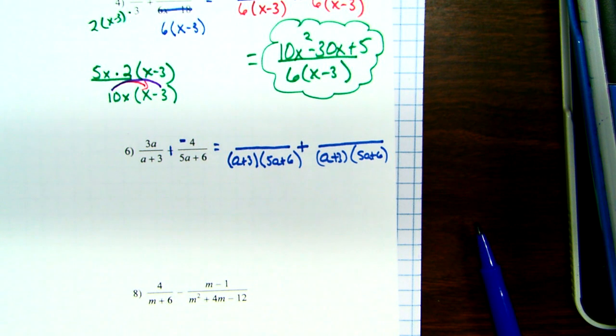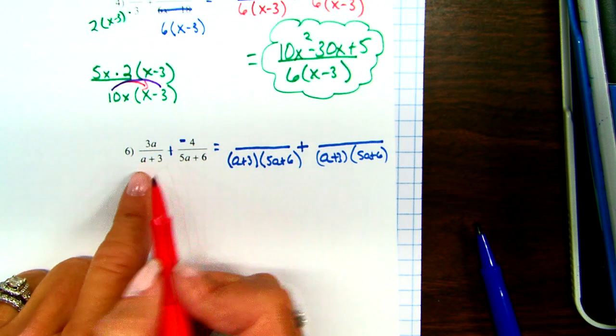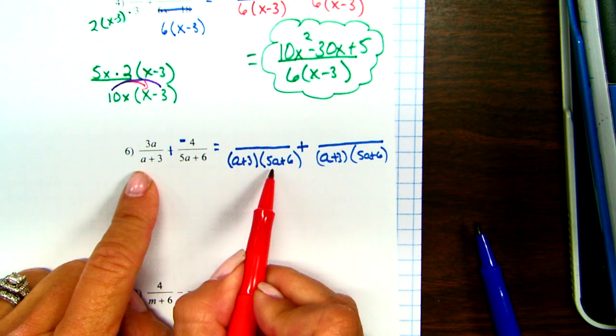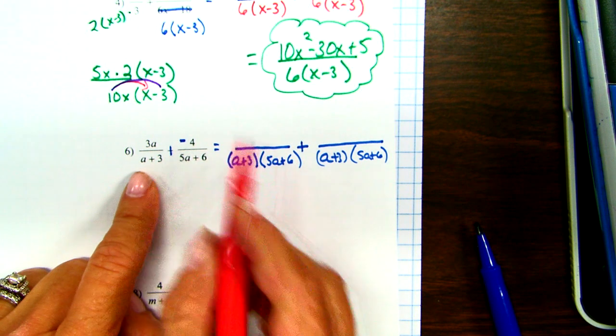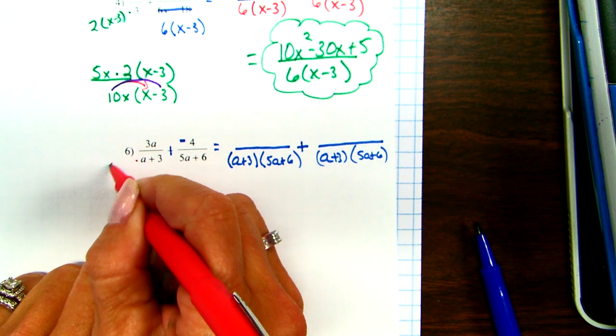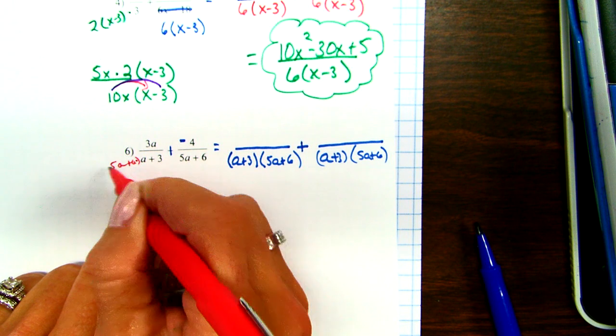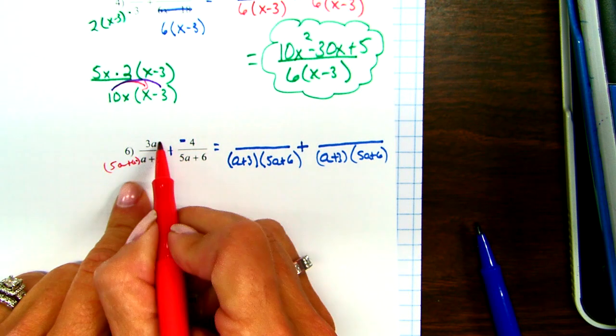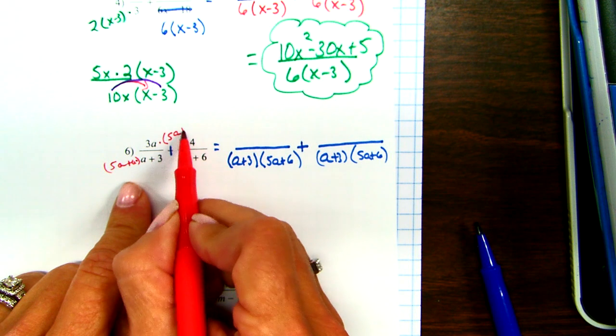So, fraction by fraction, what changes from left to right? So I have a plus 3, and I want it to be a plus 3 and 5a plus 6. So I think you guys would agree we're multiplying the denominator by 5a plus 6. And I don't care if you show that step, but know what you're going to be multiplying your numerator by.